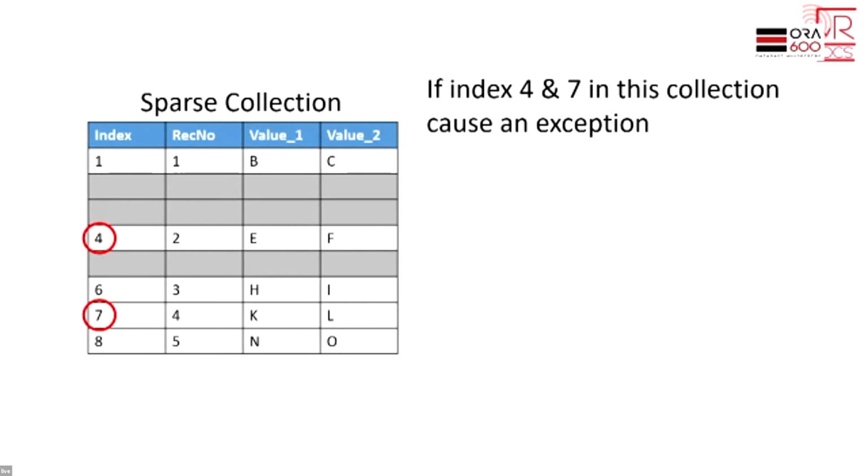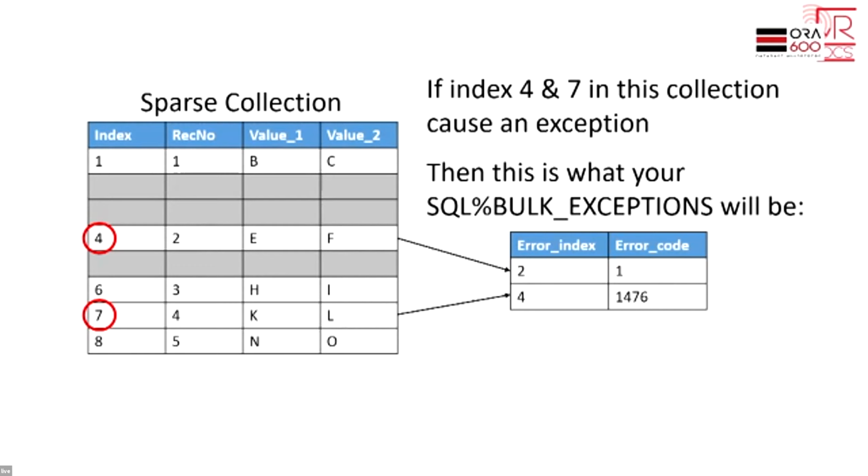Suppose index 4 and 7 raise an error, then this is what you will find in your SQL%BULK_EXCEPTIONS, 2 and 4, because it is the second and the fourth record. And that also is quite a problem when you want to find out what the data was that caused this error.